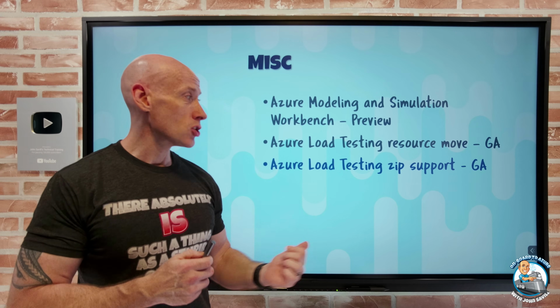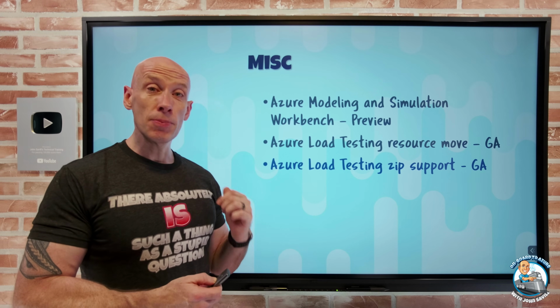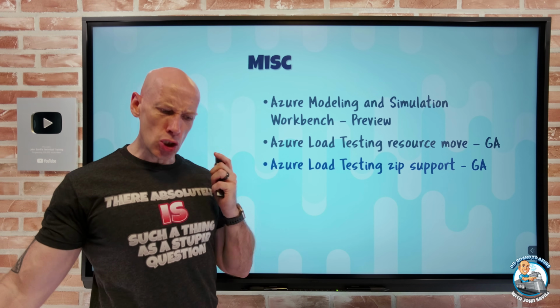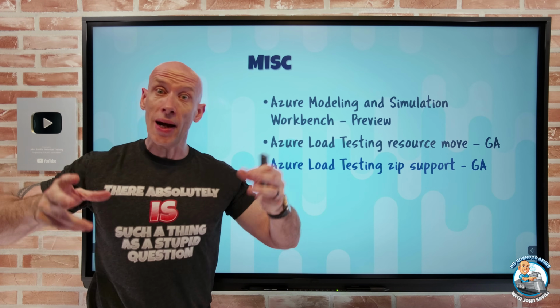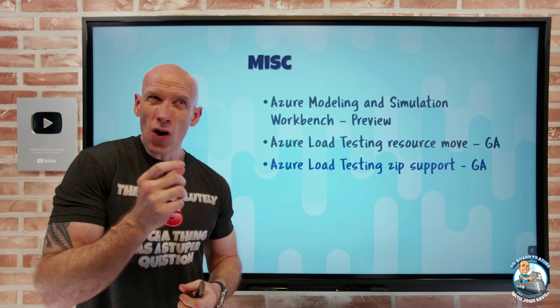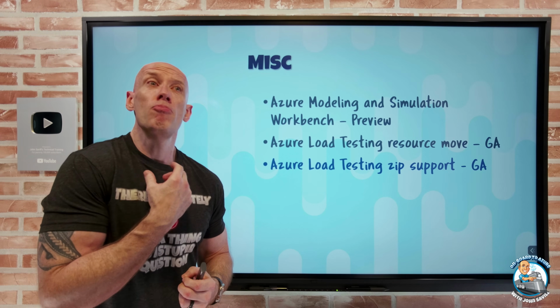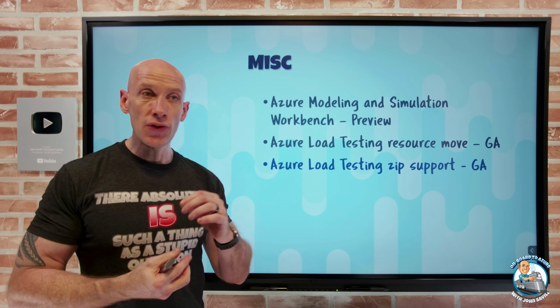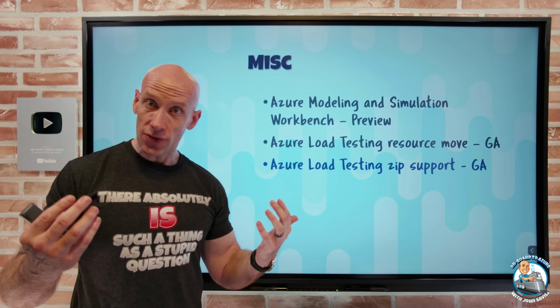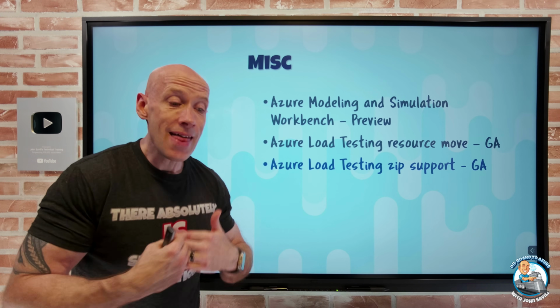Also for Azure Load Testing, they now support zip files. So you can imagine I sometimes have to upload, let's say, a CSV file that I use for my testing. Well, that CSV file might be really big, and I'm limited to a 50 megabyte upload size. So what I can now do for things like those CSV files is zip it, and then upload it.